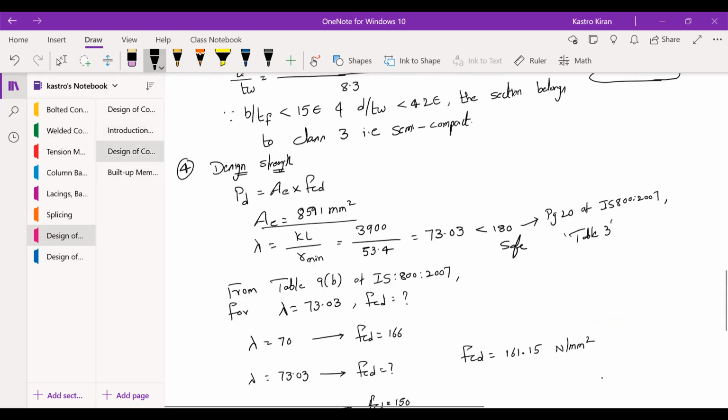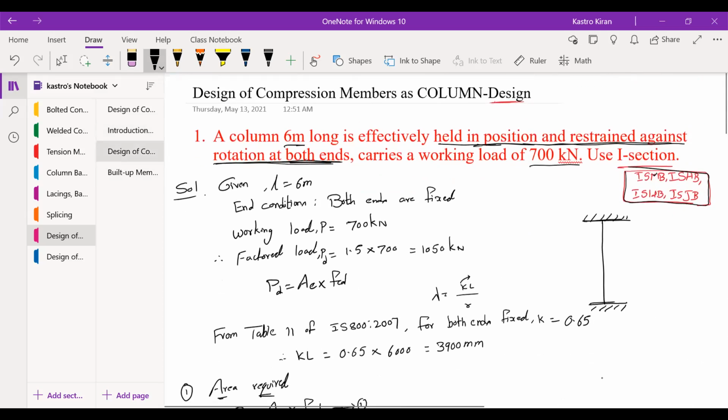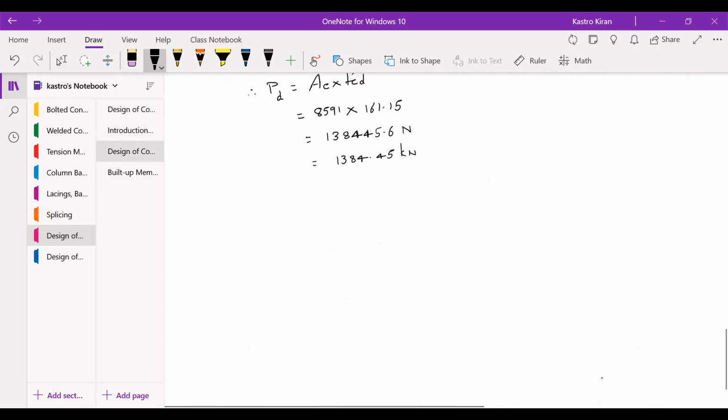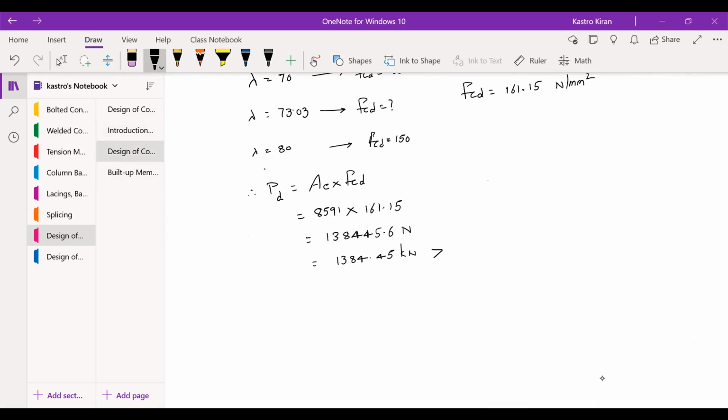What is the load given in the question? It is 700 kilonewtons. So the PD value must be greater than 700 kilonewtons. So it is obviously greater than 700 kilonewtons, right? 1384 is greater than 700 kilonewtons.